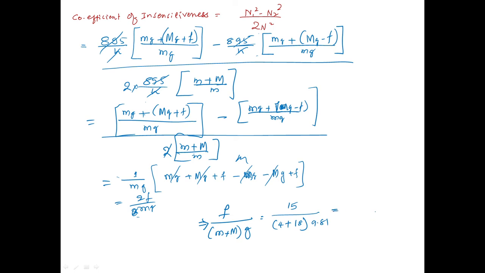How much you are going to get: 0.069. That means 6.9 percent is the coefficient of insensitiveness.